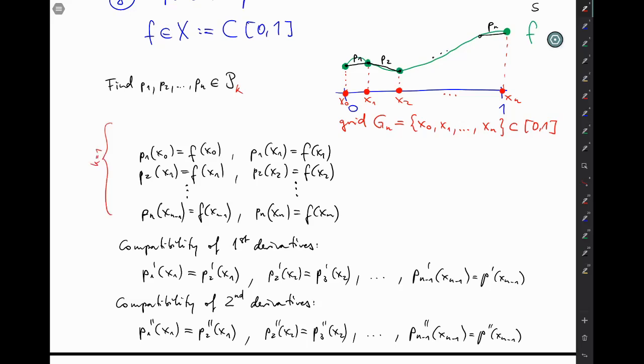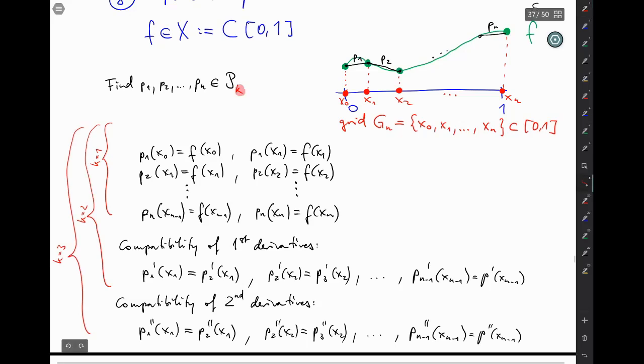For k equals 2 you can go up to here. For k equals 3 you get so-called cubic splines, you can even go up to here. Okay, but the key point is that this k here doesn't blow up when you increase n.